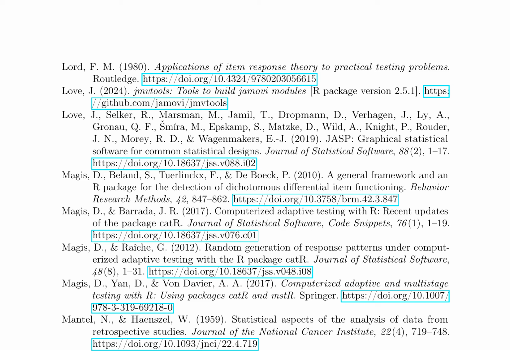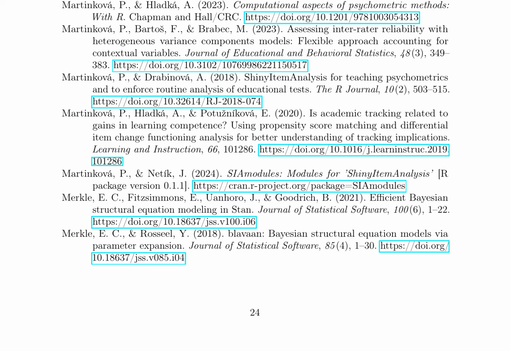Furthermore, the authors mention Love et al.'s 2019 Graphical Statistical Software JASP and Martinková et al.'s 2023 Computational Aspects of Psychometric Methods with R. They also reference Merkle et al.'s 2021 Efficient Bayesian Structural Equation Modeling in Stan and Martinková and Netík's 2024 SIAmodules package for ShinyItemAnalysis.